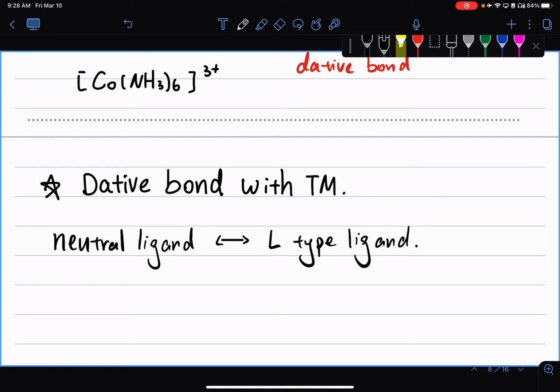Again, the way we identify whether a ligand is an L-type ligand is to imagine you have a metal-ligand bond, and you cleave that chemical bond and all electrons go to the ligand. You end up with two neutral species.